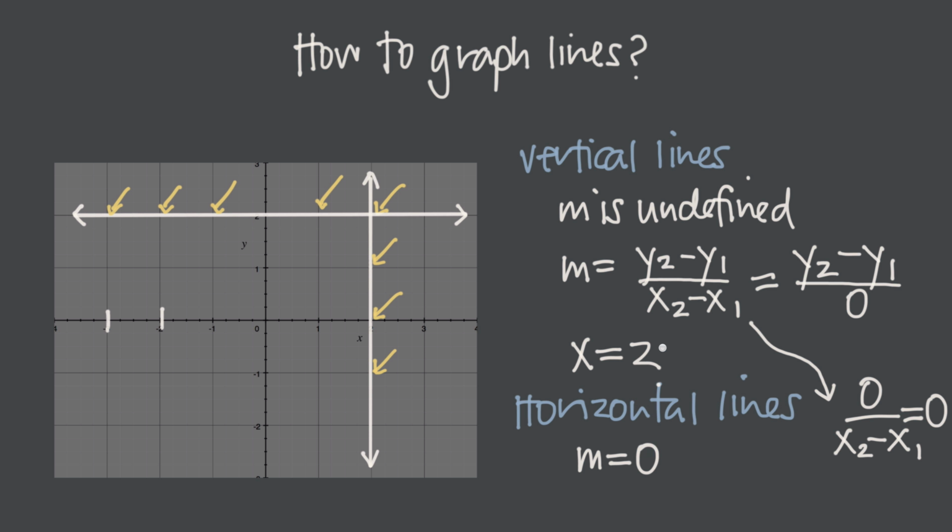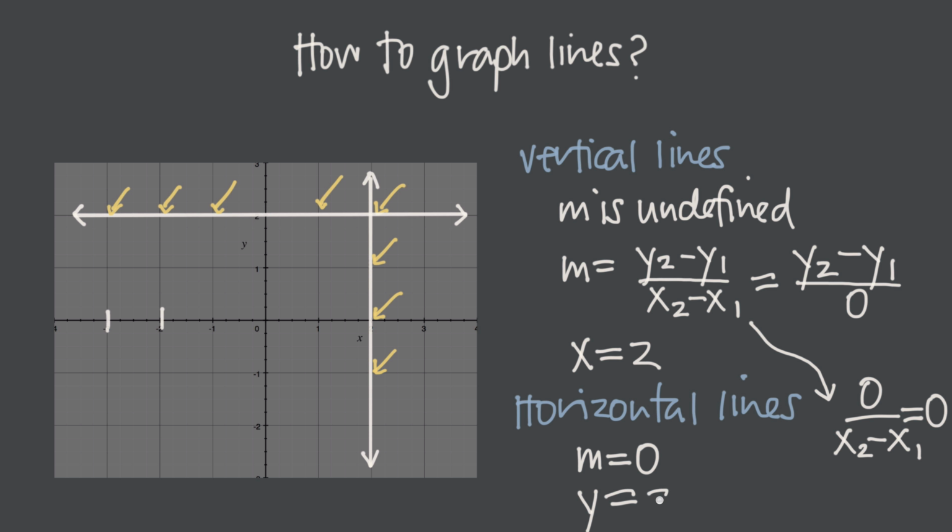And in the same way that the equation of a vertical line was always going to be x equals some constant, whatever point it is where the line crosses the x-axis, for horizontal lines, the equation is always going to be y equals a constant, the point at which the graph crosses the y-axis. So here we see that the line crosses the y-axis at y equals 2, this point right here.